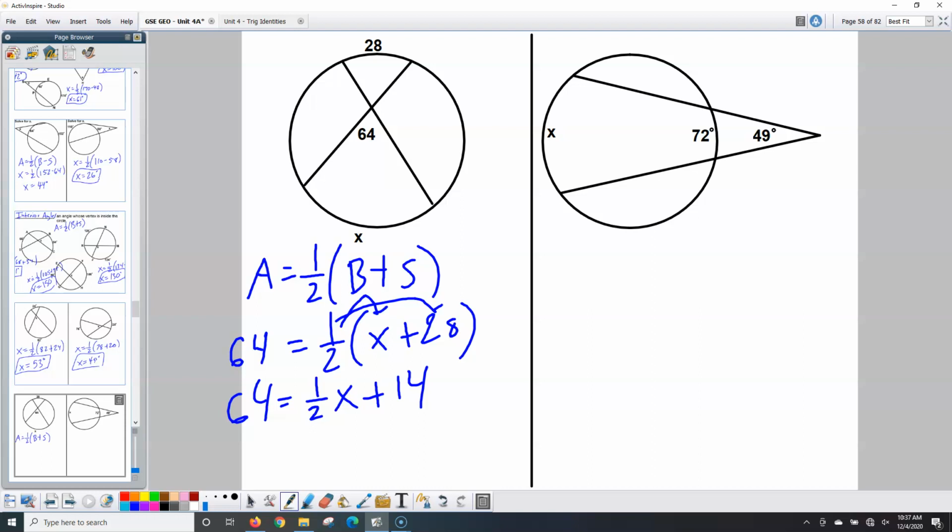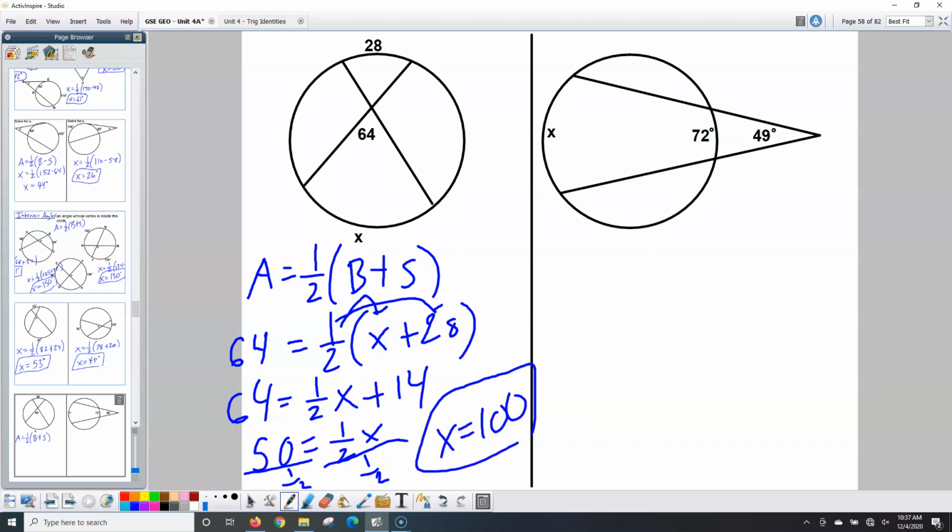And then they'll subtract the 14 over and get 50 equals 1/2 X. And the calculators we've got are smart enough to divide by 1/2, so you could divide by 1/2 on both sides if you wanted to. Sometimes people will multiply by 2 on both sides to get rid of the 1/2, but your calculator is smart enough to do 50 divided by 1/2. And that would give you 100, just like we got earlier. Either way works.